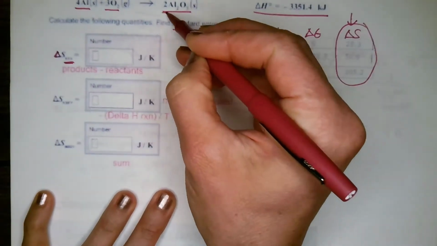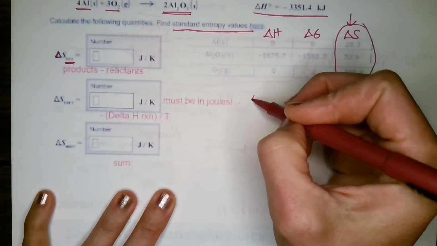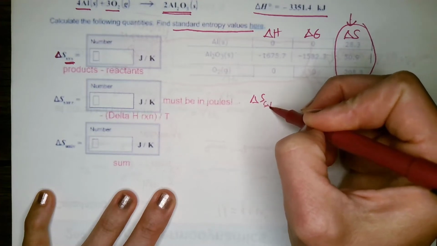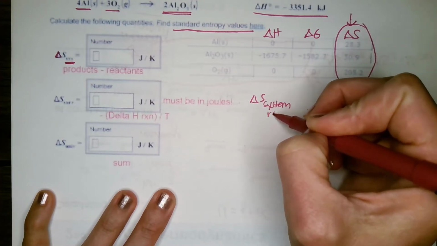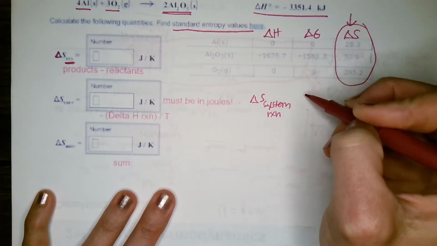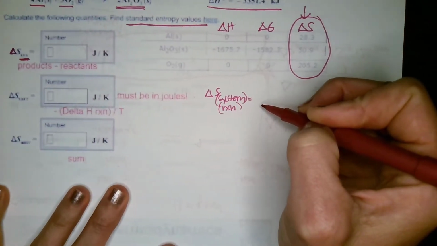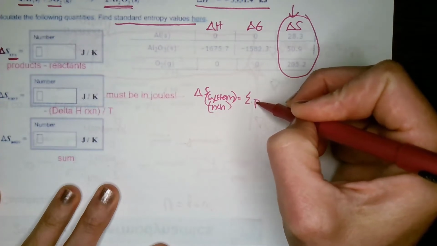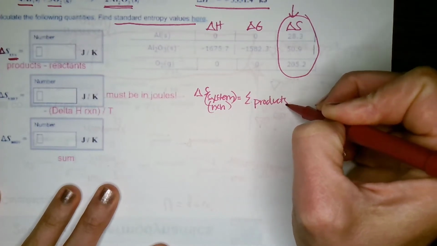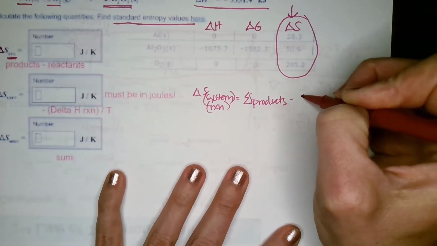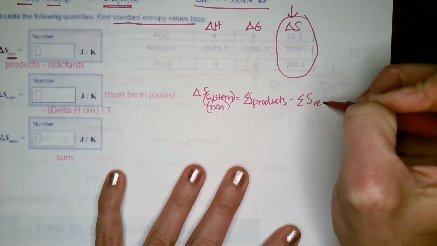We're going to do products. So we're going to do delta S for the system or reaction, either one, same. They're the same terms here. So we're going to do the sum of the entropy of the products minus the sum of the entropy of the reactants.